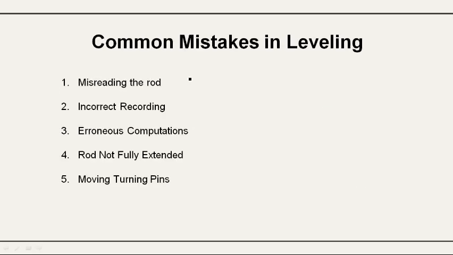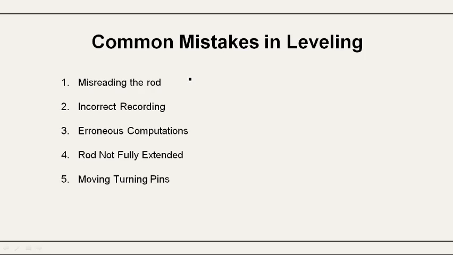For the common mistakes in leveling, first is the misreading of the rod. The instrument man misreads, for example, instead of the correct reading of 1.035 meters, he reads 1.350 meters. So there is a misreading of the rod. Second is the incorrect recording.